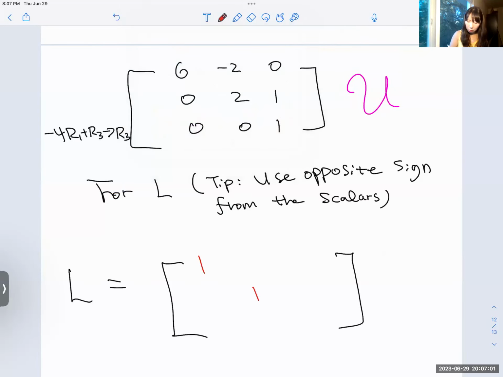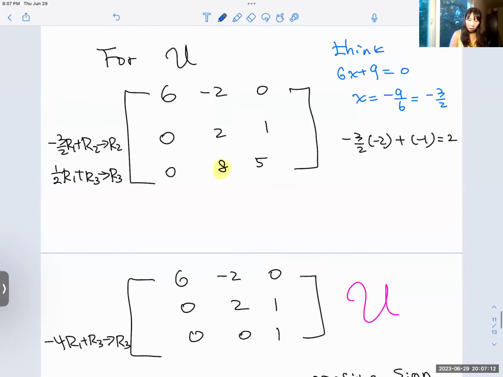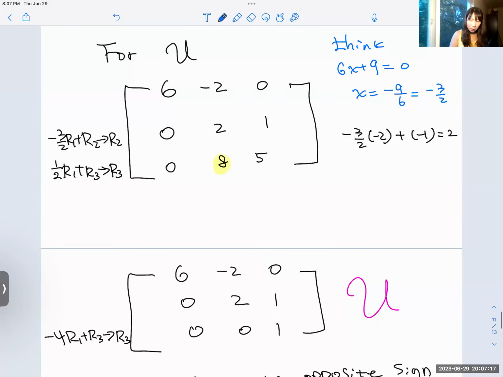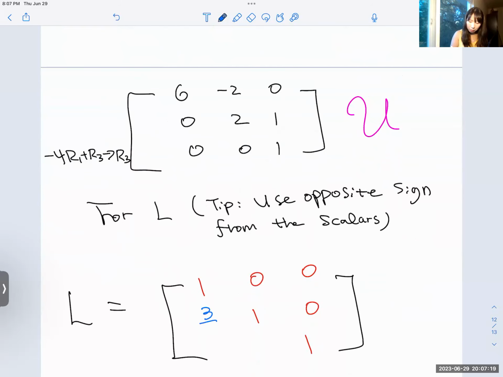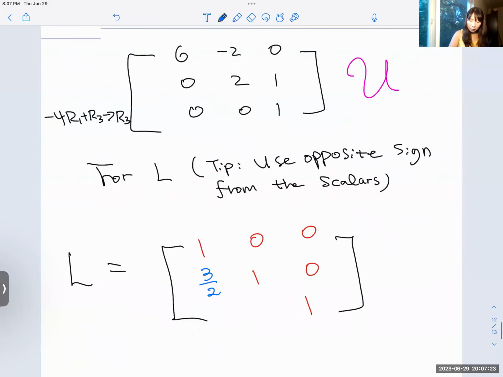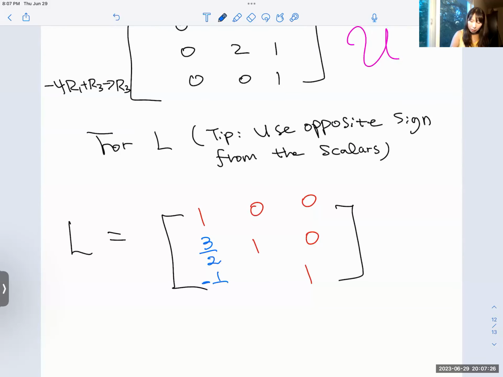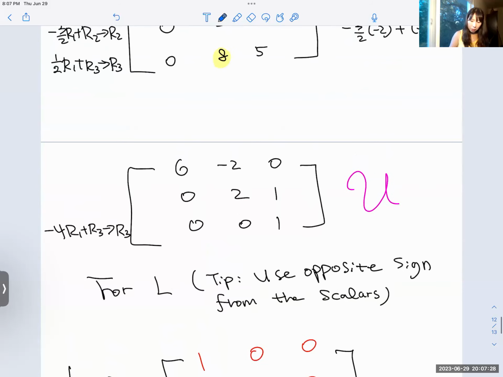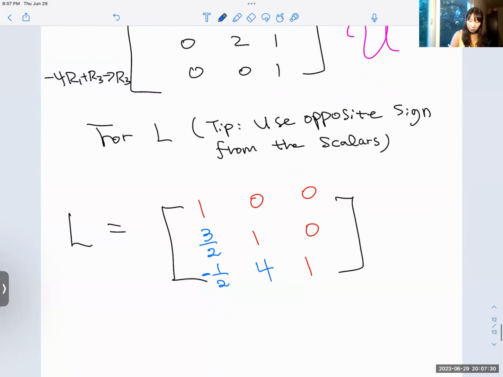So 1, 1, 1, and 0, 0, 0, right? And -3/2, which is +3/2. And I don't make a mistake, it's a -1/2, negative. And I don't make a mistake, it's -4, it's +4. Now, can you please check that?